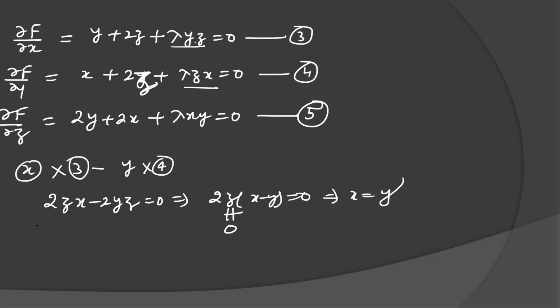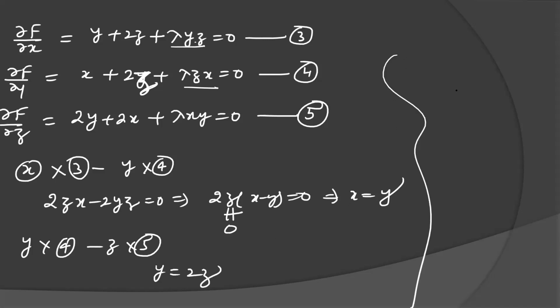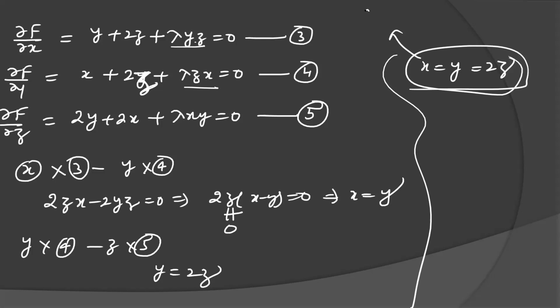First result is that. Now similarly, if you multiply y in 4 and z in 5, y into 4 minus z into 5, you will get a similar result, y equal to 2z. So you got the relation in the dimensions: x equal to y equal to 2z. Now this relation you use in the given relation xyz equal to 32.